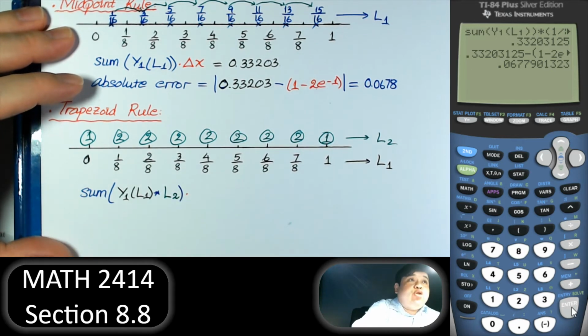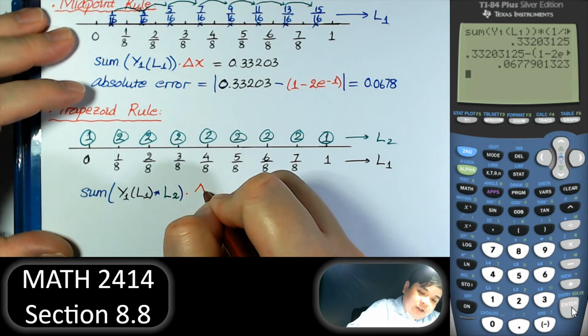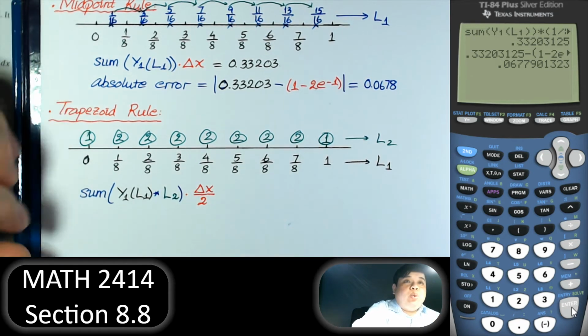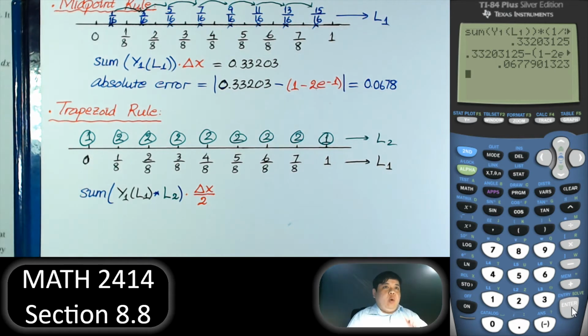Notice that in the trapezoid rule, we have delta x divided by 2. Later on, in Simpson's rule, this is divided by 3. So, midpoint, delta x; trapezoid, delta x divided by 2; in Simpson's rule, delta x divided by 3.